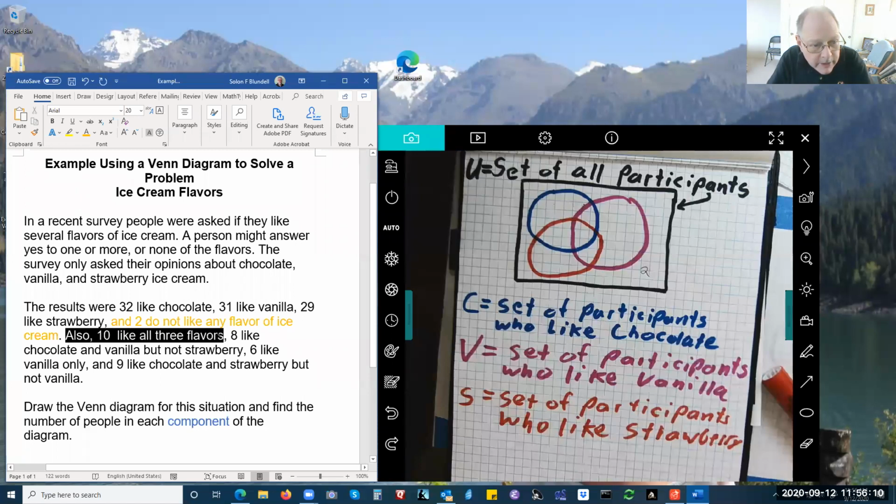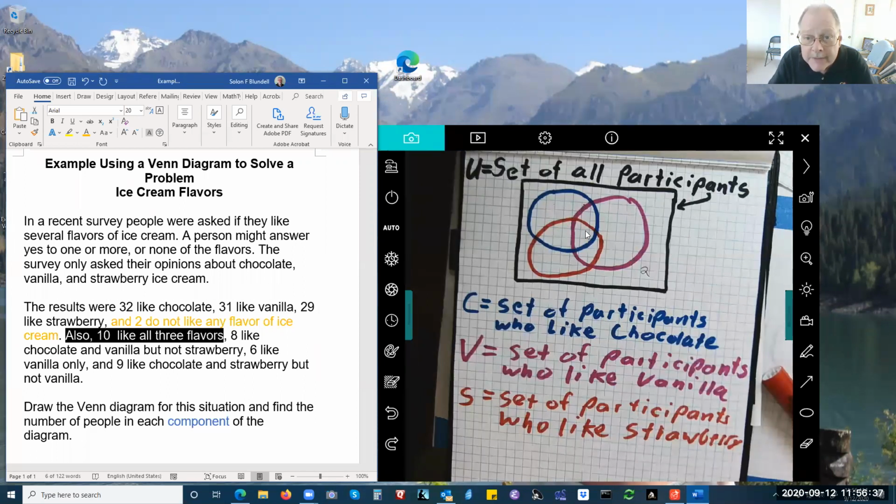And let's look here. 10 people like all 3 flavors. Where in the diagram are the people who like all 3? That's got to be a person who's inside the blue, but he's also inside the pink. So he's inside the overlap between the blue and the pink. But he likes all 3 flavors, so he's also in the red.